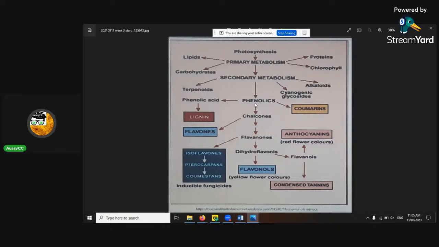That starts to break down a bit to see what pathways are needed on the plant, to see what it signals. It can either go into phenolic acid, which ends up producing lignin, or it can go into coumarins. After the phenolics, it'll get processed again and go down to the chalcones, which will produce your flavones and your flavonoids, and it goes right down to flavonols, and that's when you can get your anthocyanins.